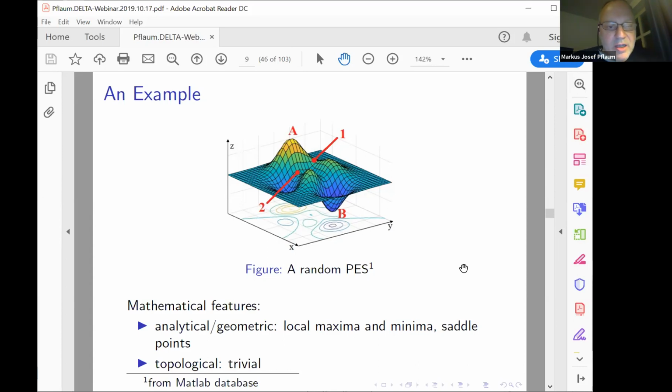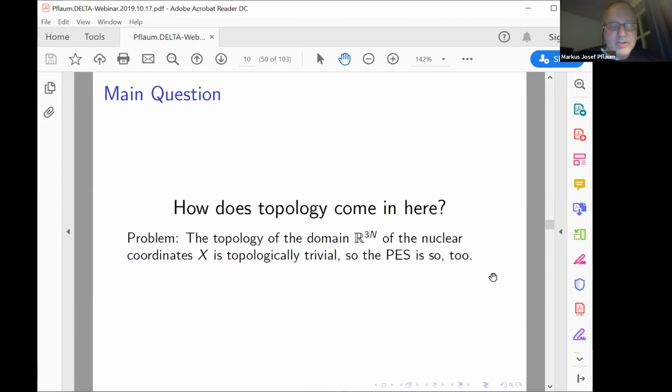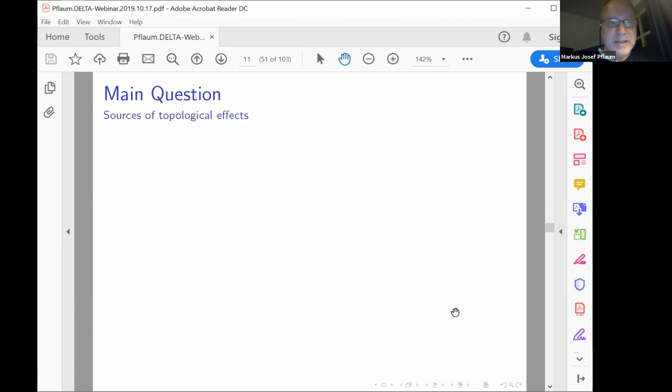Okay, so the topology at first sight looks trivial. And now the main question is, how does topology come in here? Shankar gave an important point already. The topology of the domain of the nuclei coordinates is topologically trivial. So in principle, the potential energy surface is too. So how does it come in? The first thing is via cutoff energies.